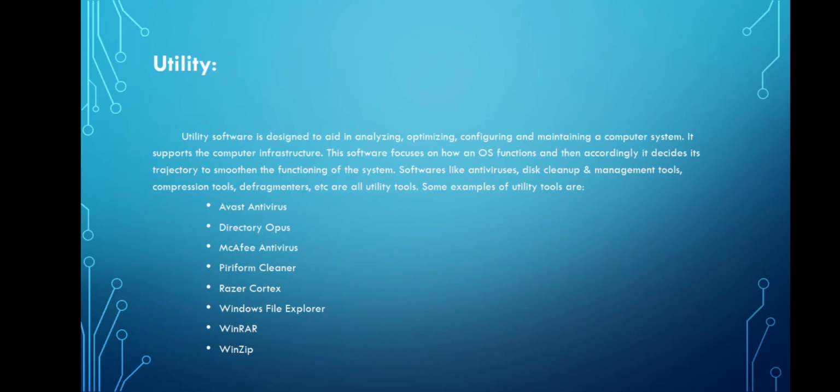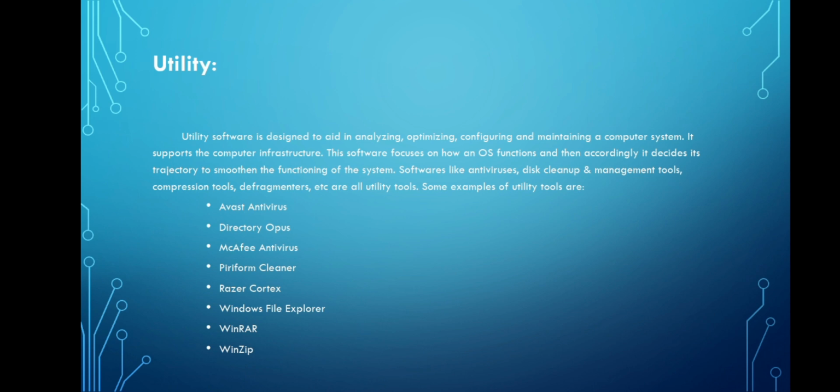Utility. Utility software is designed to aid in analyzing, optimizing, configuring, and maintaining a computer system. It supports the computer infrastructure. This software focuses on how an OS functions, and then accordingly it decides its trajectory to smoothen the functioning of the system.